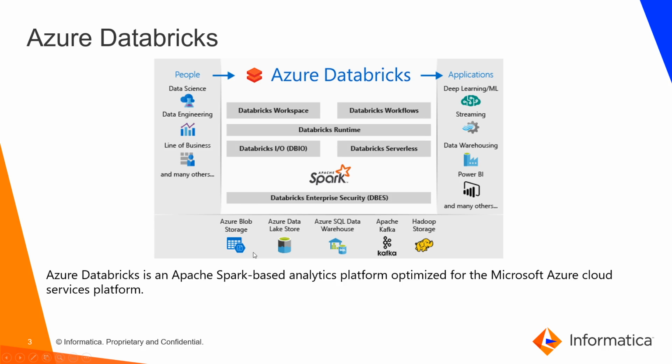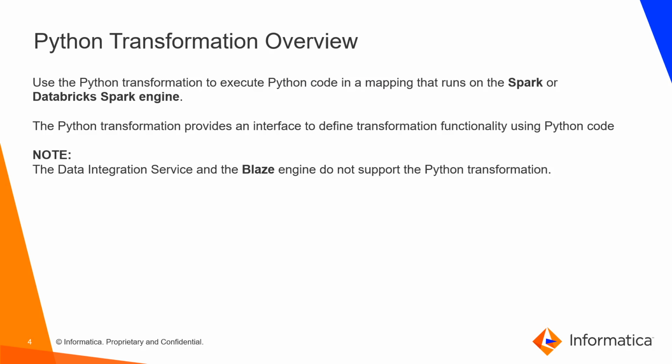Before we start, let's try to understand what is Databricks. Databricks is an Apache Spark based analytics platform mainly used for optimization, and this can be hosted on both Azure and AWS. As a part of 10.4.1 DI, we started supporting Python transformation as a production release on the Databricks engine.